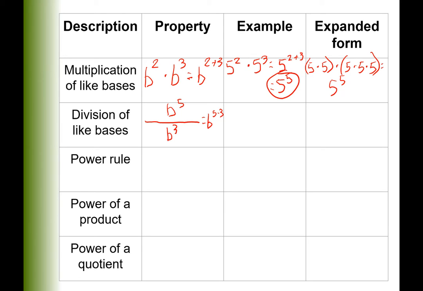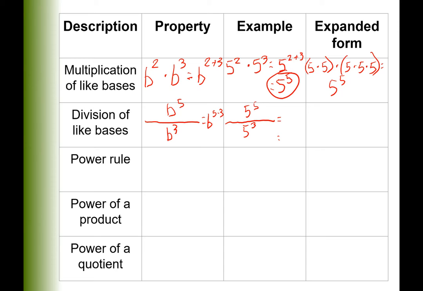Now let's do an example. We're going to use the example from earlier. Say we have 5 to the 5th over 5 to the 3rd.